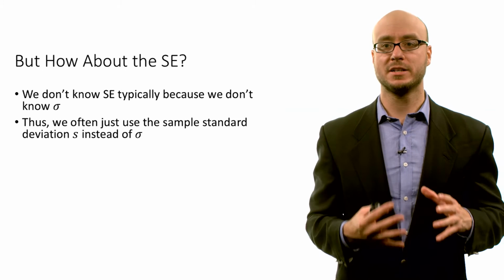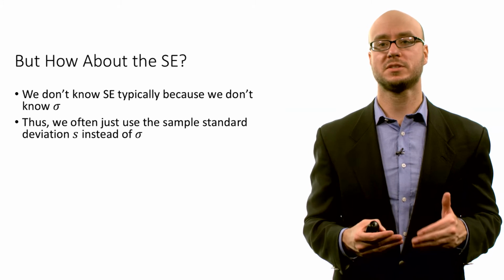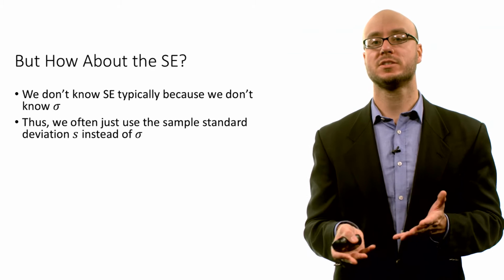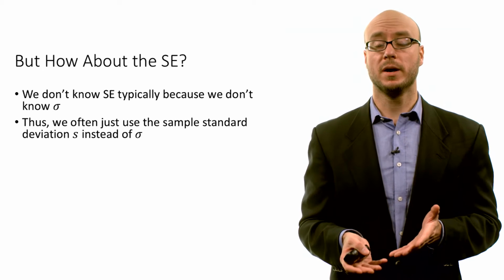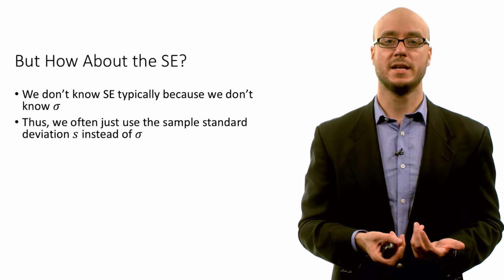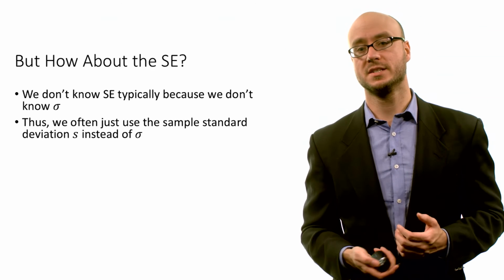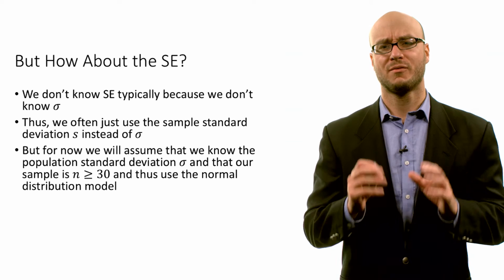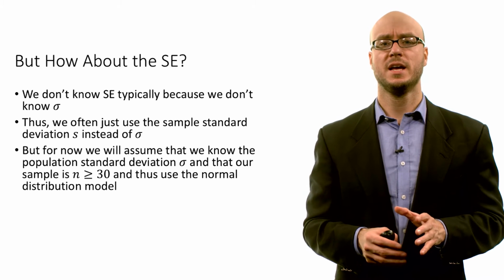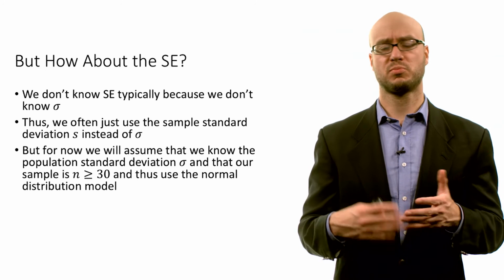Thus, in practice, we typically use the sample standard deviation S as our best guess for the population standard deviation, sigma, in the same way that we use the sample mean x bar as our single best guess for the population mean mu. For now, we're going to assume that we know the population standard deviation sigma and that our sample is pretty large, 30 or greater in terms of the number of observations.